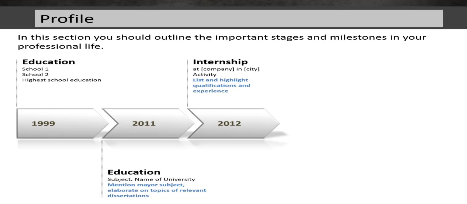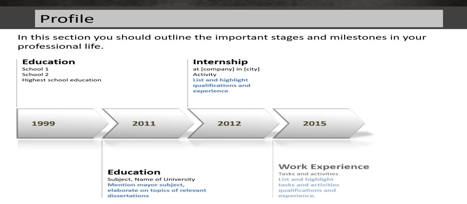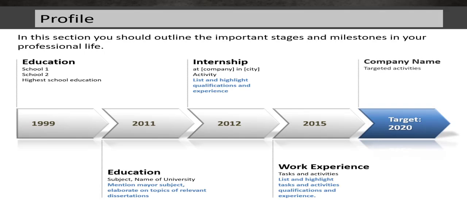Activity. List and highlight qualifications and experience. 2015, work experience, tasks and activities. List and highlight tasks and activities, qualifications, and experience. Target 2020, company name, targeted activities.